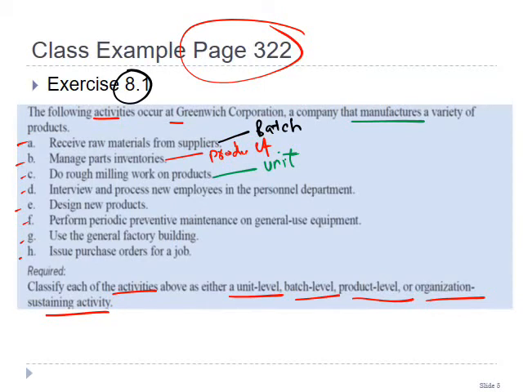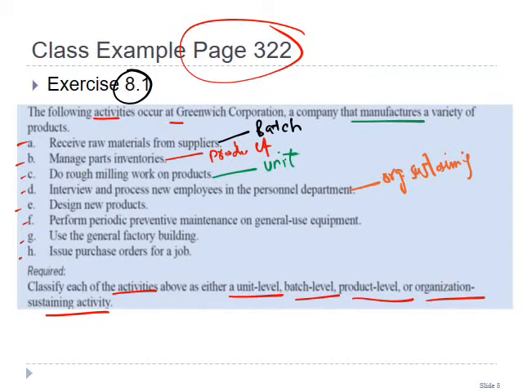D is interview and process new employees in the personnel department. Which activity level would you choose? Think about that. That should be organization sustaining, because it does not belong to the product, the unit, the batch, or the customers, right?